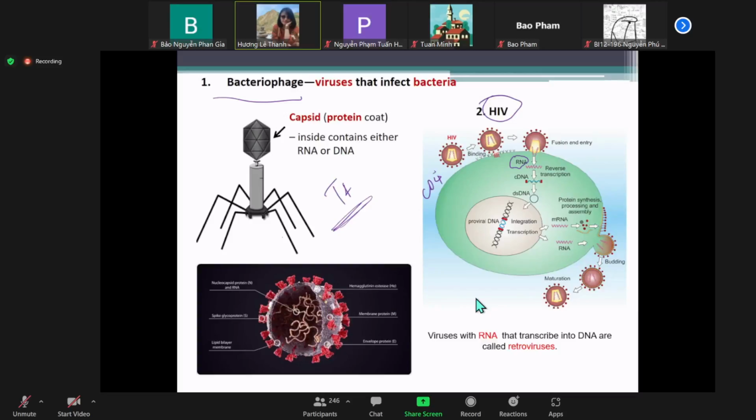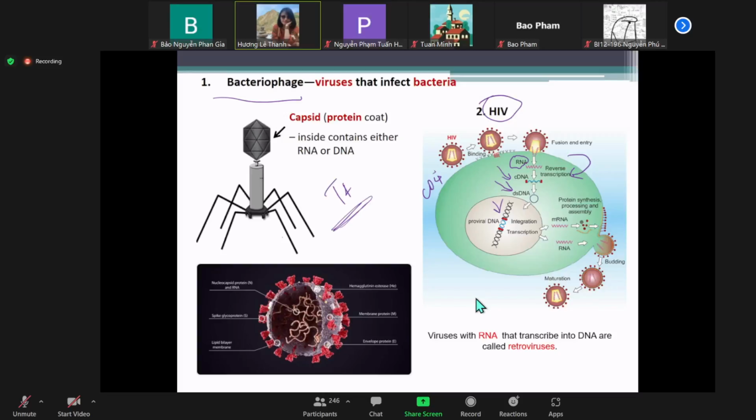Because they are RNA, they need to reverse transcribe into cDNA, and the cDNA will synthesize a complementary strand into double-stranded DNA, and then this DNA will integrate into our cell's DNA, or in the lysogenic pathway, right?